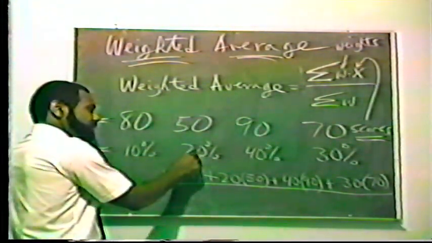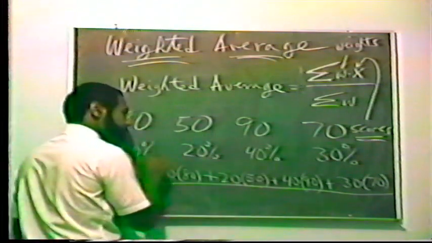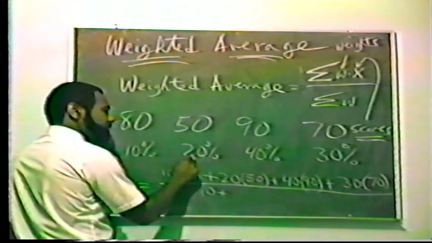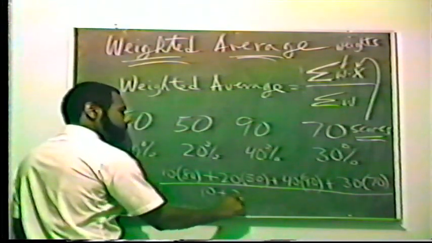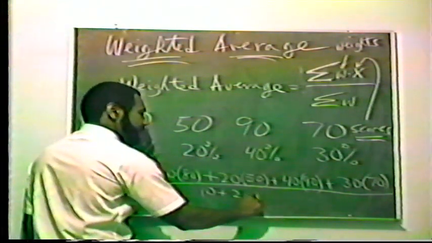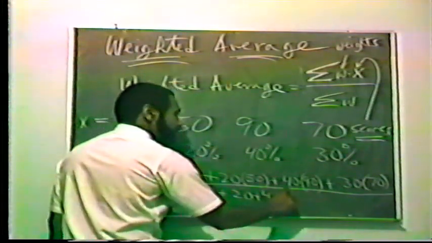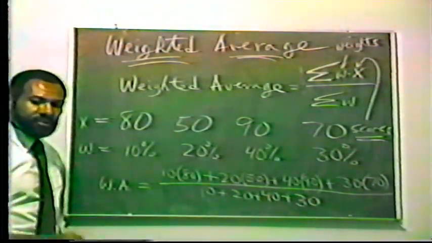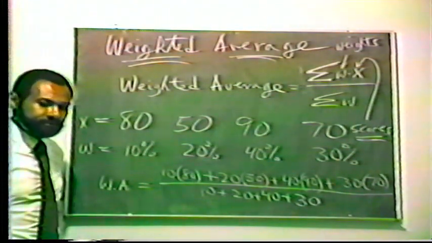So we add the weights together in the denominator. We have 10 for the first weight, 20 for the second weight, so it'll be 10 plus 20, plus 40 for the next weight, and then of course plus 30. This is how we find the weighted mean.